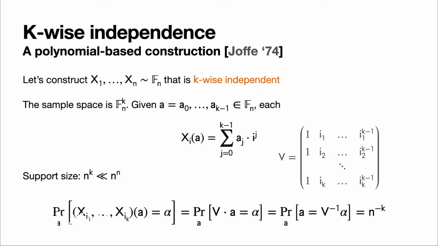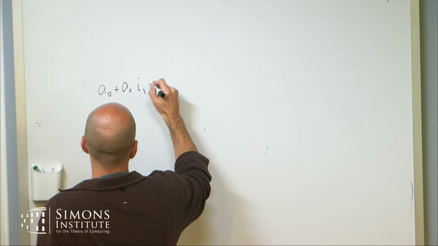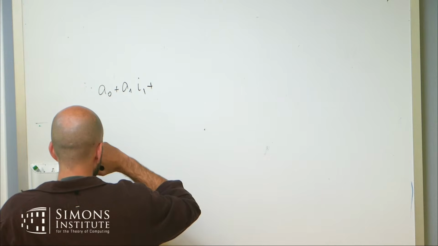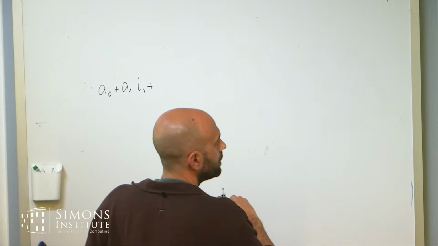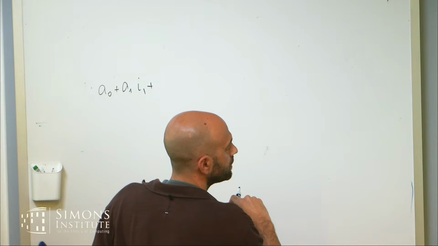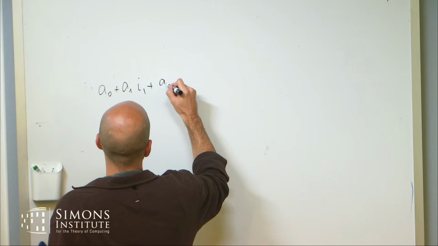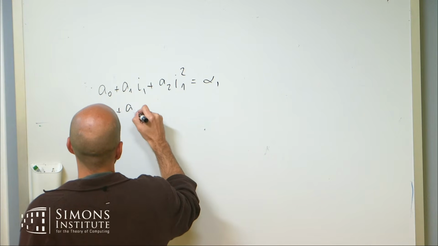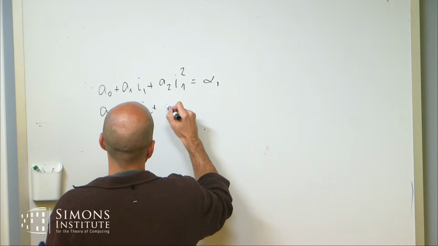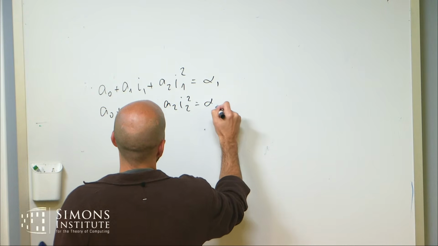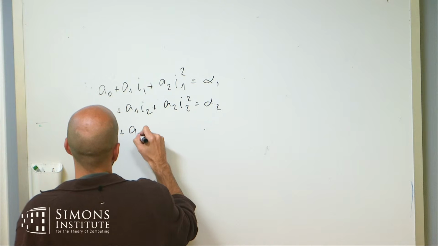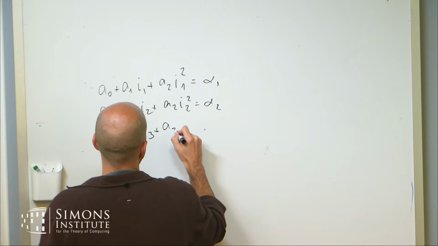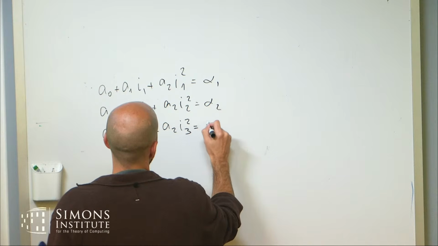So I want to see what's the probability that a0 plus a1 i1 plus a2 i1 squared is equal to alpha 1, a0 plus a1 i2 plus a2 i2 squared is equal to alpha 2, a0 plus a1 i3 plus a2 i3 squared is equal to alpha 3.